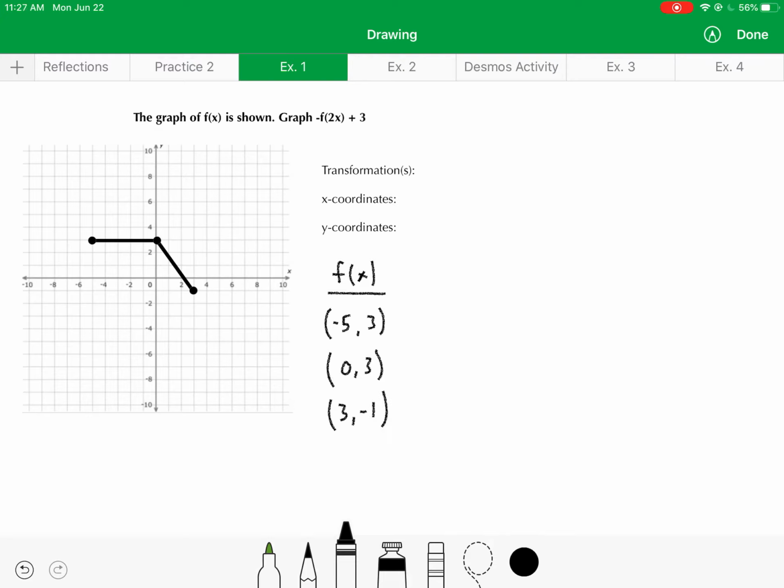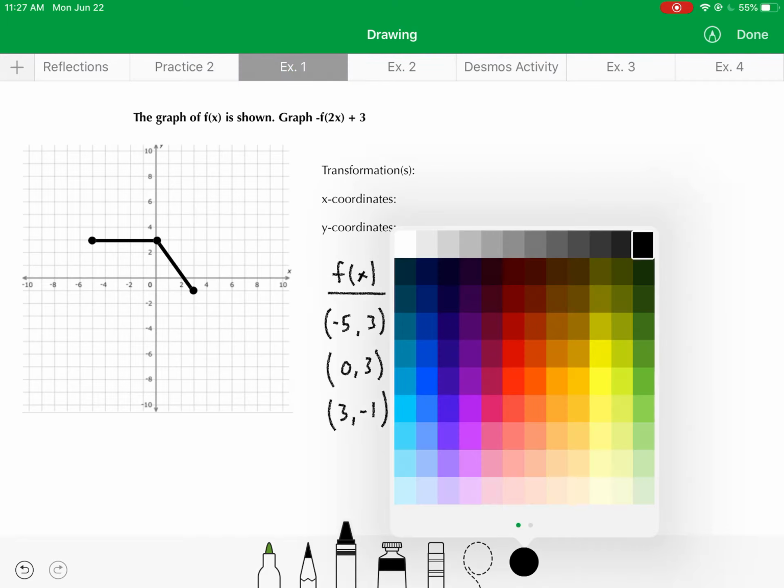Okay? And for this example, I'm going to graph in stages just so we can visually see the different transformations taking place one at a time. Okay, so in terms of negative f of 2x plus 3, I'm going to focus on the 2 first. That's inside the function. I always focus on anything that's inside first. We want to think about, does that affect x coordinates or y coordinates, and what type of transformation is that giving us, okay?